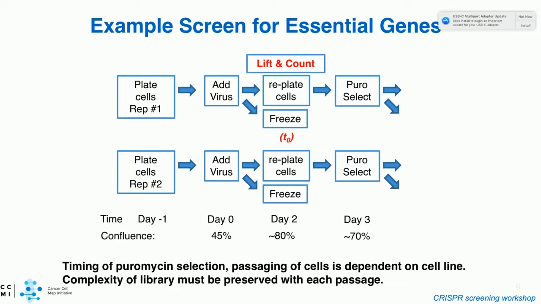You'll get a lot less variance if you use the initial post-transduction DNA, which is all the virus that made it into this replicate, as your initial T0 control versus using the plasmid pool.